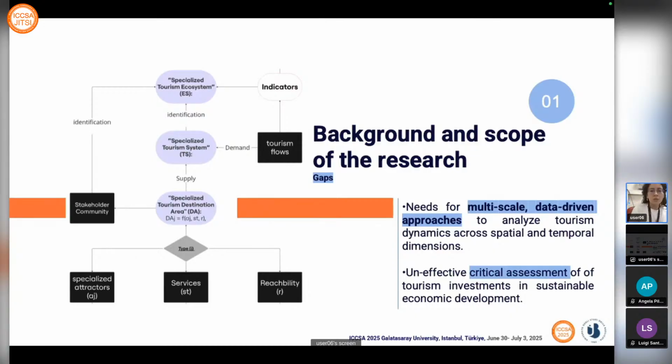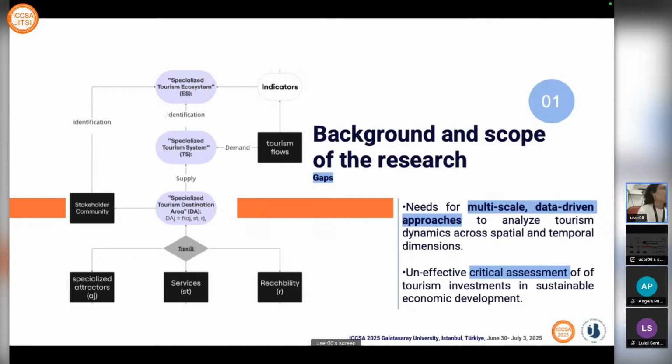So in tourism, we recognize in the literature a gap in some approaches that take into account the territorial dimension and the structure and the source of data that were applied to assess the tourism phenomena.